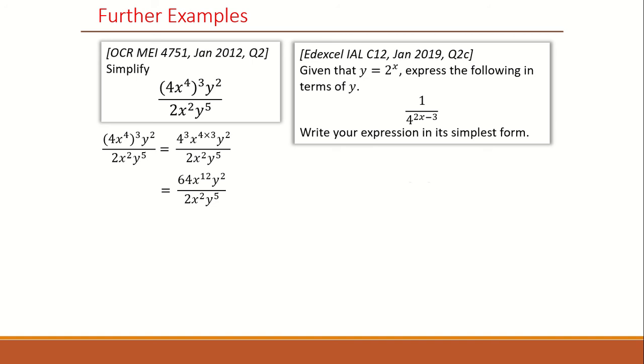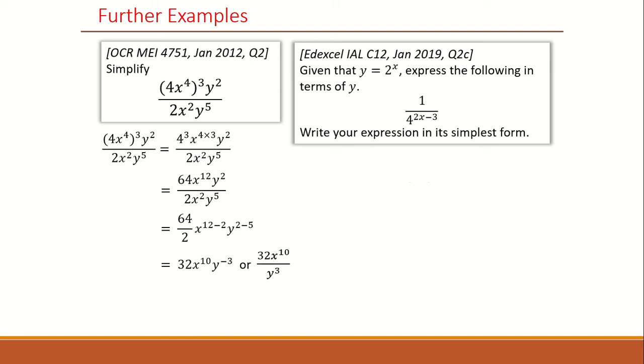Then to simplify, you divide 64 by 2, x to the 12 minus 2, y to the 2 minus 5, because of the index laws, which we learnt about in a video before, to get 32x to the power of 10, y to the minus 3, or 32x to the 10 over y cubed.